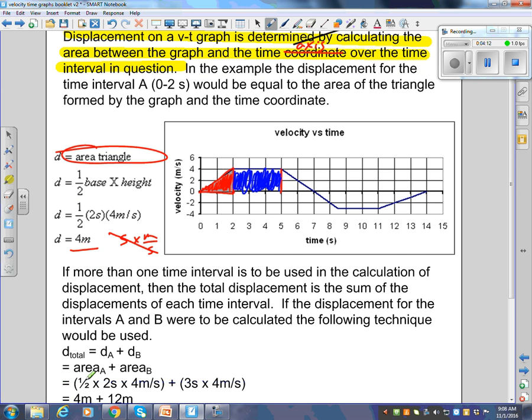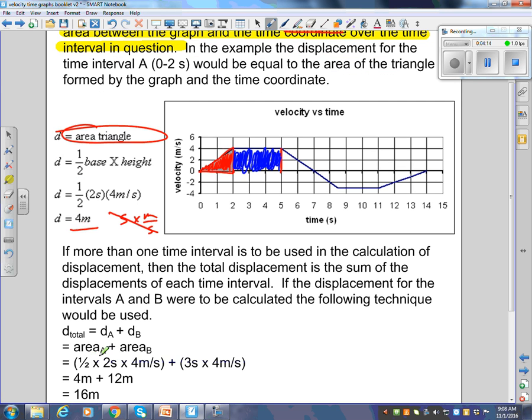Okay, so the area of A we already know is 1/2 times 2 times 4, which is 4. How do I find the area of the blue figure? Well, this one is a rectangle, and we all know the area for a rectangle is length times width, or base times height, I guess. How far is it from there to there? 3, right? 5 subtract 2, that's your run in the slope.